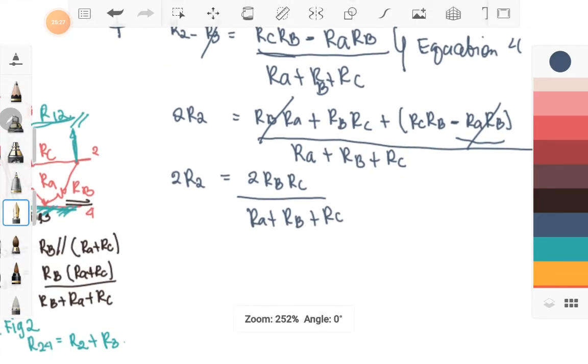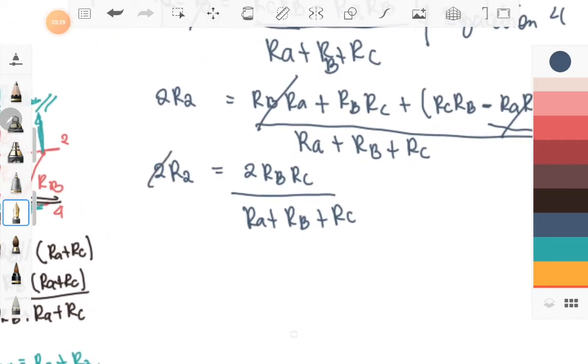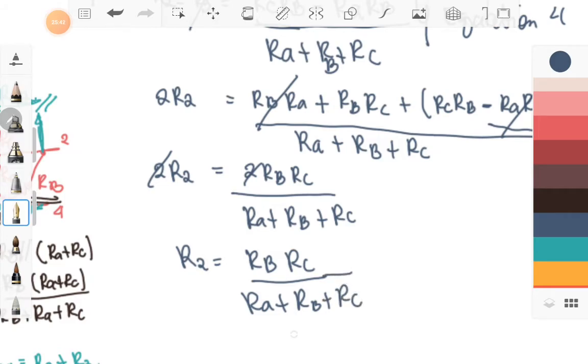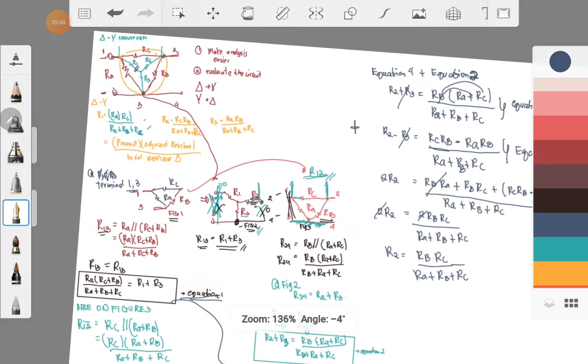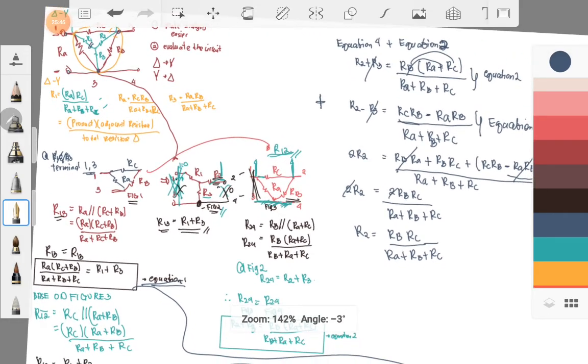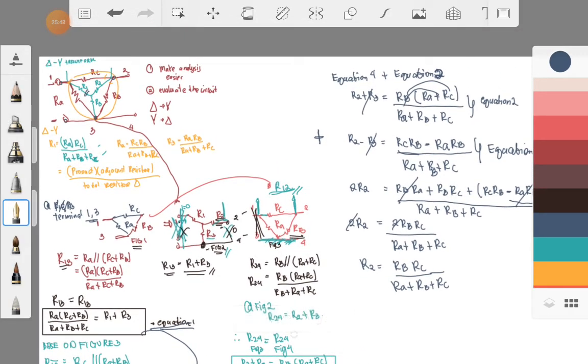So, this is the proof that your R2 is equal to RB multiplied by RC divided by our RA plus RB plus RC. Yan. So, tingnan natin kung tumama sa equation natin. R2 is equal to RB multiplied by RC over the total. This is our derivation of our formula for your R2.